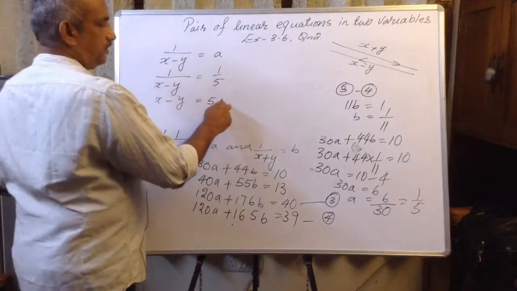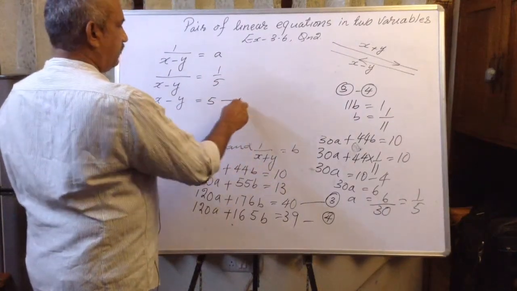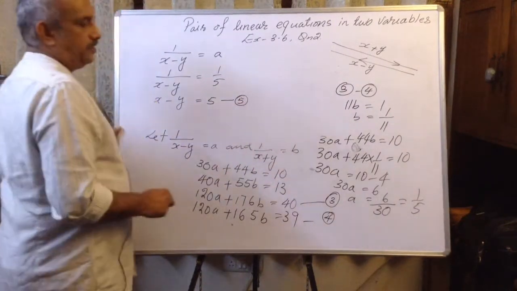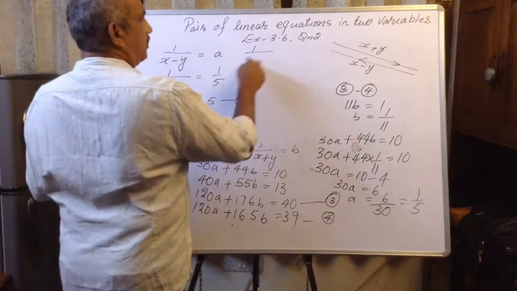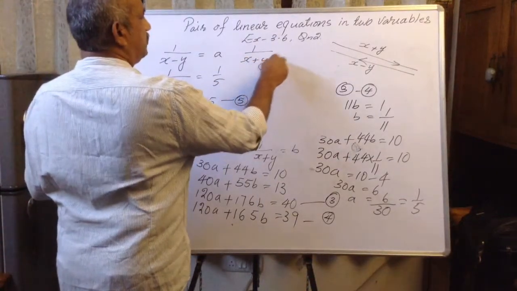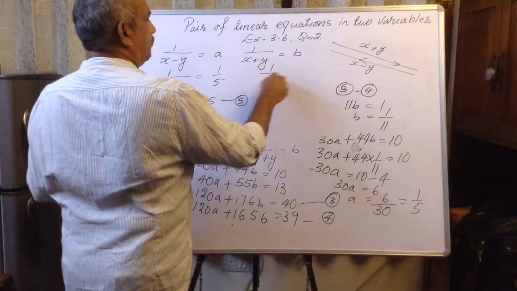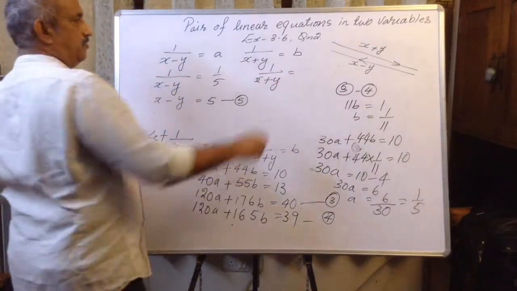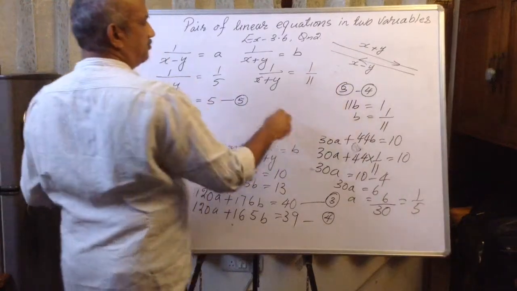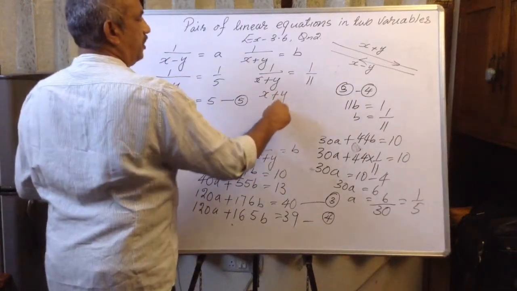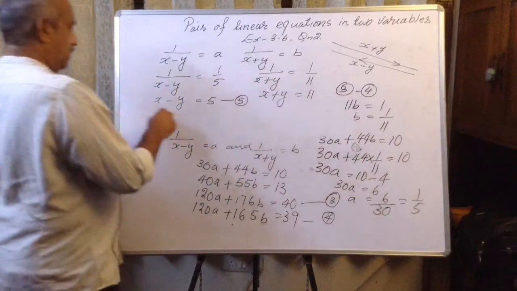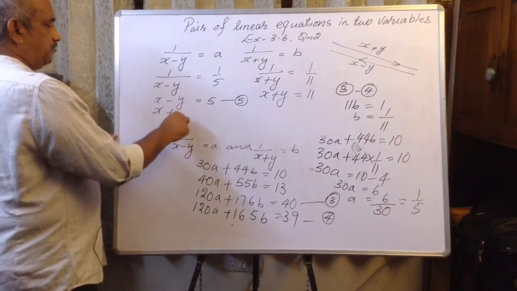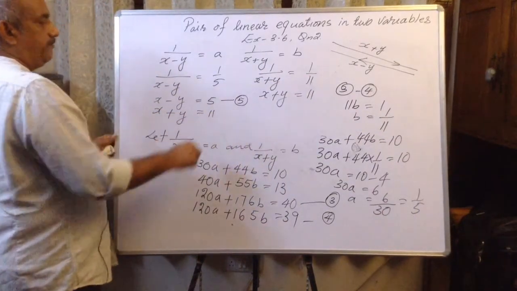This is equation number 5. Then the second one, 1 upon x plus y is equal to b, the value of b, 1 upon 11. Cross multiply, x plus y is equal to 11. I am writing here x plus y is equal to 11.